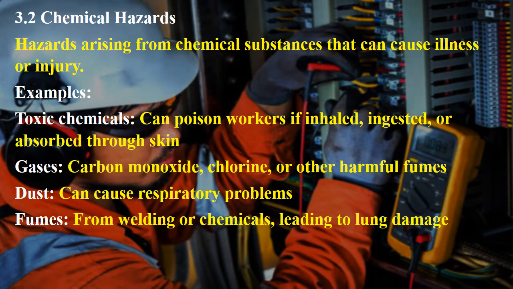Gases: carbon monoxide, chlorine, or other harmful fumes. Dust can cause respiratory problems. When you breathe in a lot of dust, you cough or your breathing system gets blocked. And then we have fumes from welding or chemicals leading to lung damage. So these are all the chemical hazards that can cause harm to our physical well-being and health.